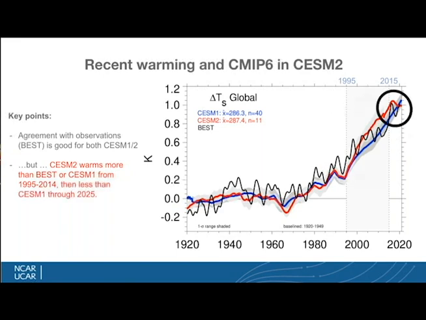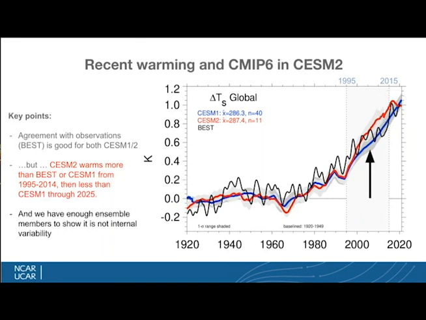And maybe even more puzzling is that right after, say, 2015-ish, CESM2 basically goes back down and starts warming much slower than CESM1, and almost goes back to where CESM1 is. So this was the behavior that got us slightly puzzled.